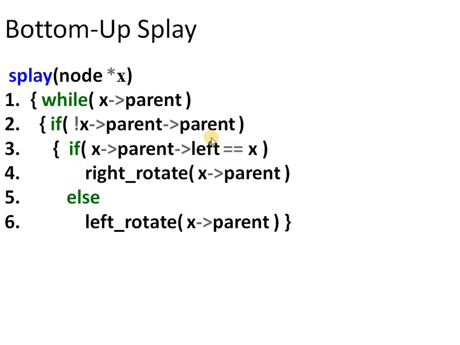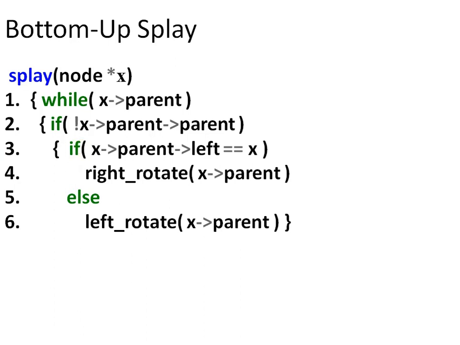If they are connected via left child pointer, then we have to perform a right rotation at the parent of x. Otherwise, we have to perform a left rotation at the parent of x, because parent and x are related to each other via right child pointer. That's why at line number 3, we must have obtained false.